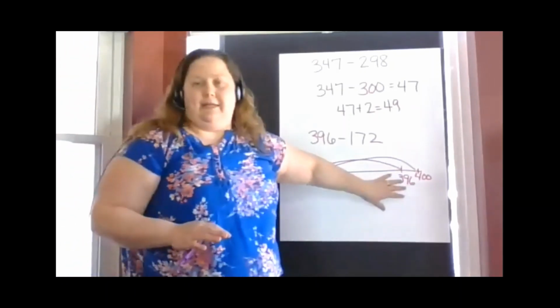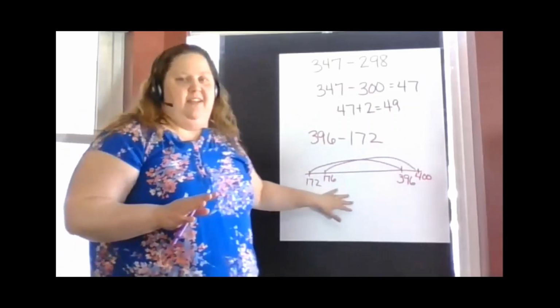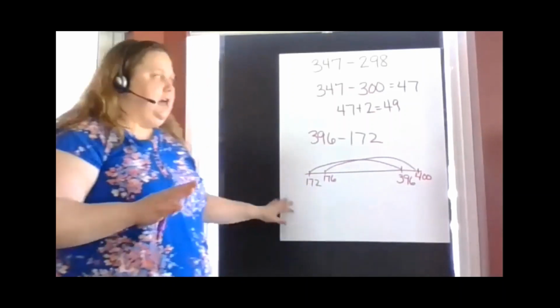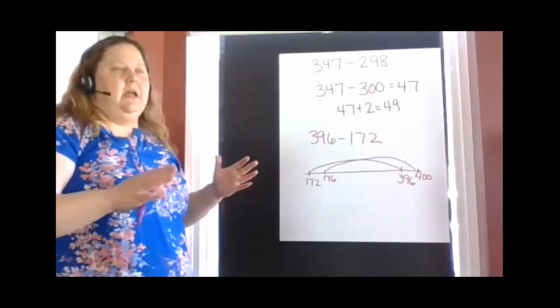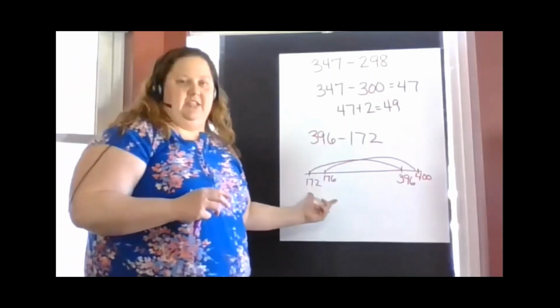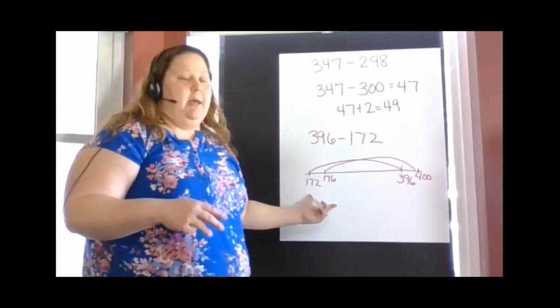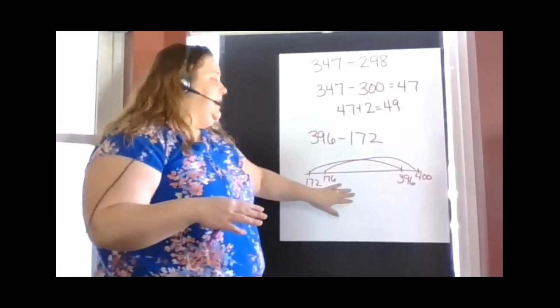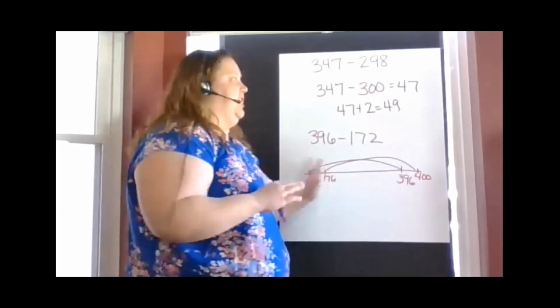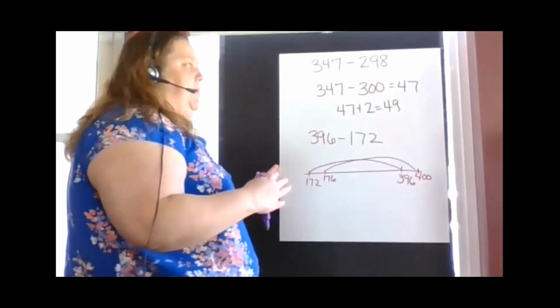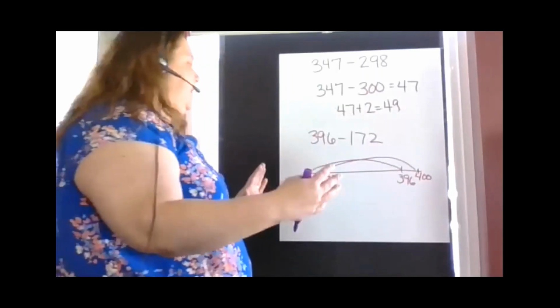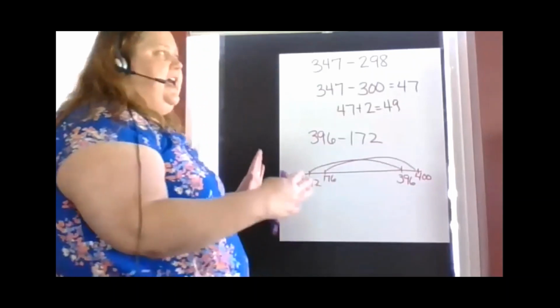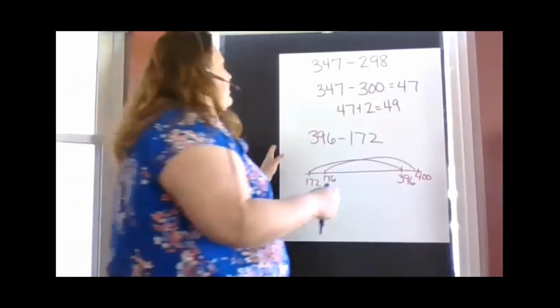Now, I don't expect a second grader, third grader maybe, to start doing some of this. Not all students will move to this strategy. Not all students will see this, but some students might. So it's important that you understand this strategy of shifting. You might think about it as a give and take. I'm moving these numbers and actually using different numbers.